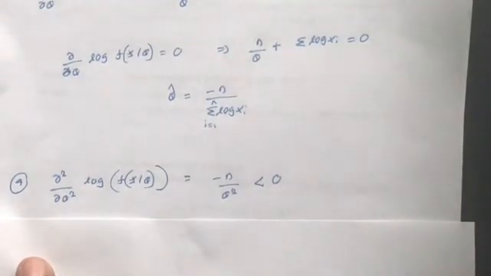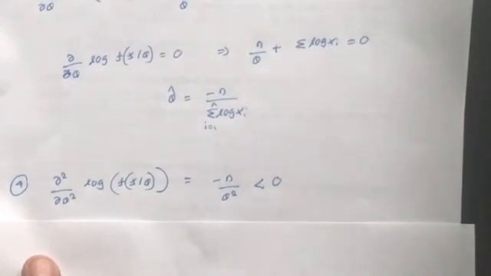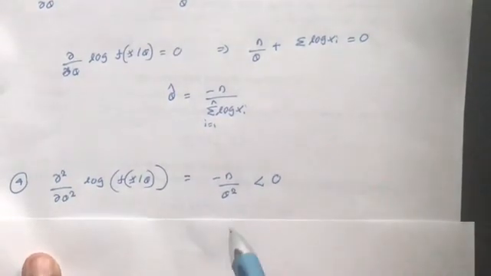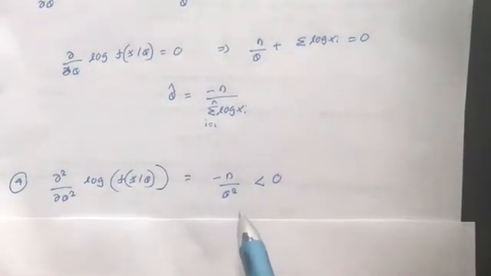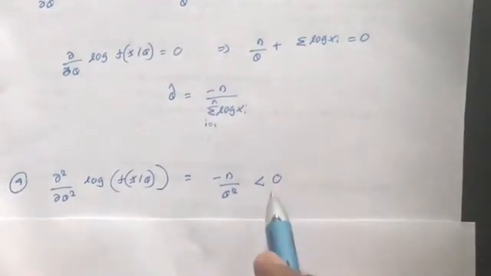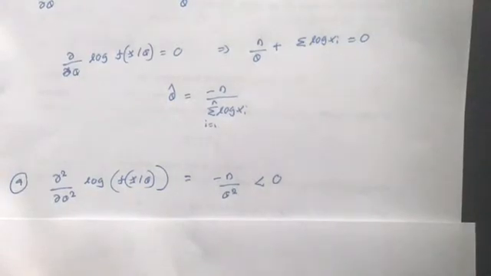You can find the derivative of that part using the power rule of derivatives. When you do that, it will be equal to negative n divided by theta squared. This is always negative because theta is always a positive value and n is also a positive value.